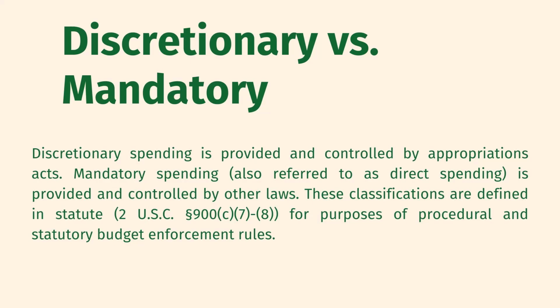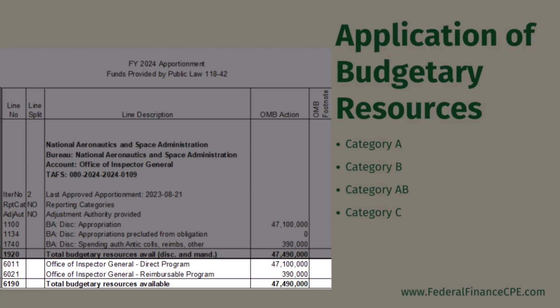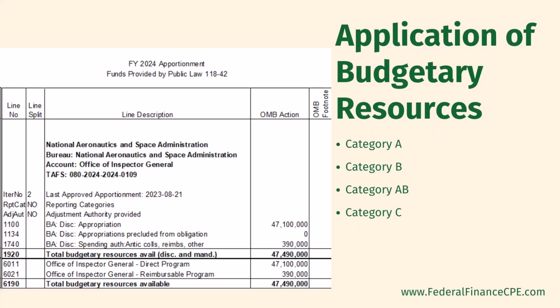The bottom section, application of budgetary resources. The final section is the application of budgetary resources, where OMB tells the agency exactly how to control their spending. OMB uses 3 main control categories. Category A controls spending by time periods, which are typically quarters.